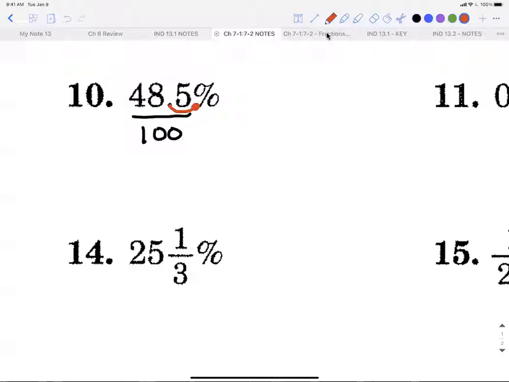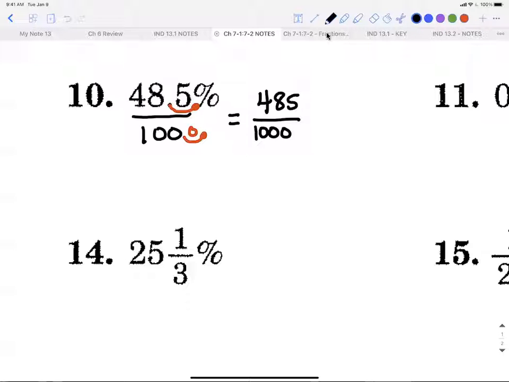But if I do that to the top, I have to do it to the bottom. So I'm going to move this 1 spot to the right. And can I have an open spot? What do I need to put there? A 0. So when I rewrite this as a fraction, it's 485, I wrote it without the decimal, over 1,000 because I had to move the decimal place on both.